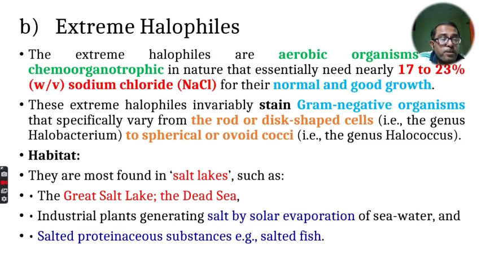See here, this much concentration is required by this bacteria to grow. Now in such a high salt concentration, other bacteria cannot grow. Only halophiles, the extreme halophile Archaebacteria, grow in such a high salt concentration.